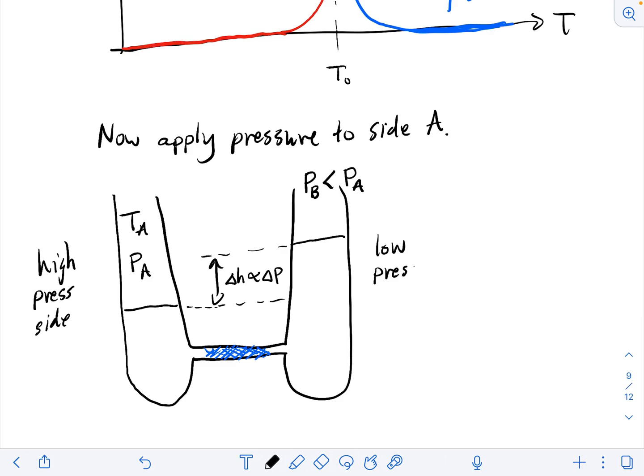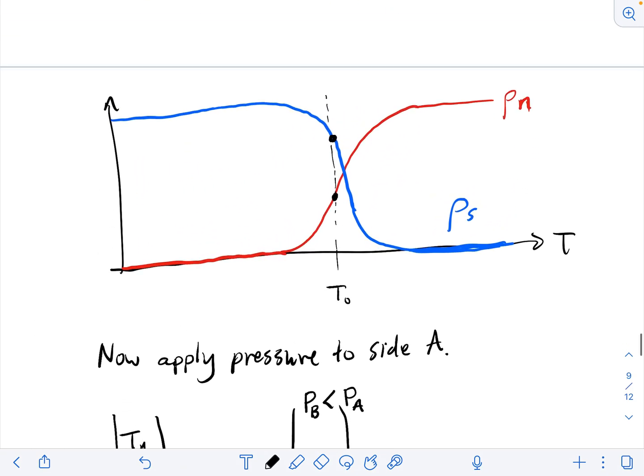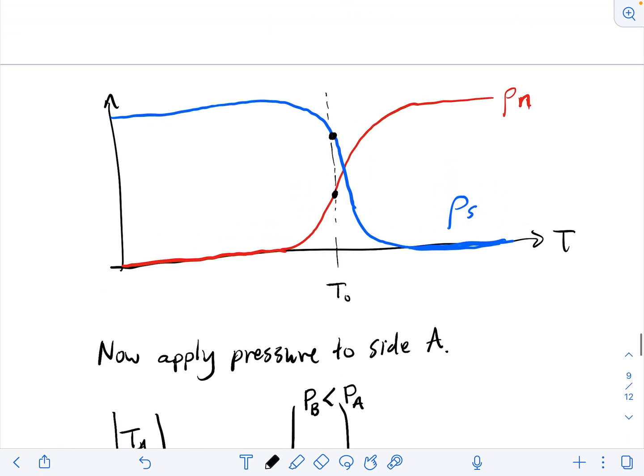So I want to think about this plot over here. We have pushed superfluid out of side A. So now side A has more normal fluid than superfluid. And so if we wanted to increase the amount of normal fluid, then we would move along this curve in this direction. And so here's side A at temperature TA.